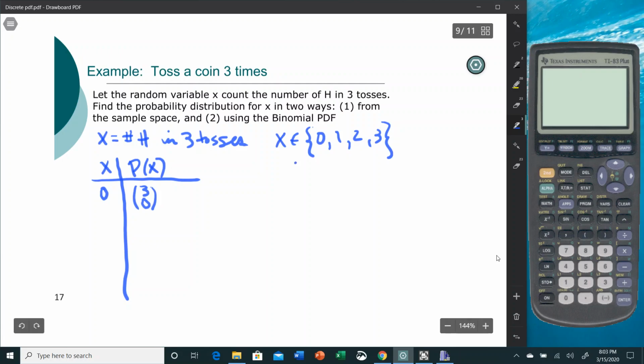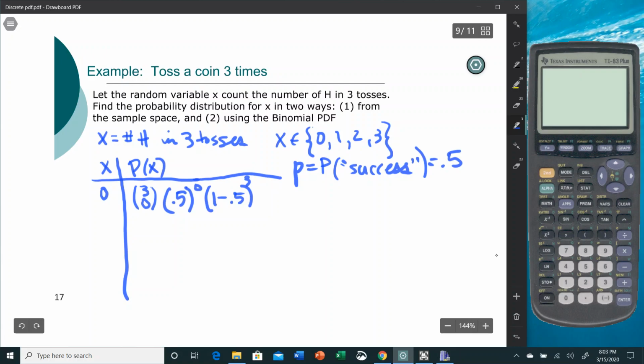P, the probability of success, is just equal to 0.5, assuming it's a fair coin. So success occurs with probability 0.5. That occurs 0 times, and failure, which is 1 minus P, occurs 3 times. So that's what it is.